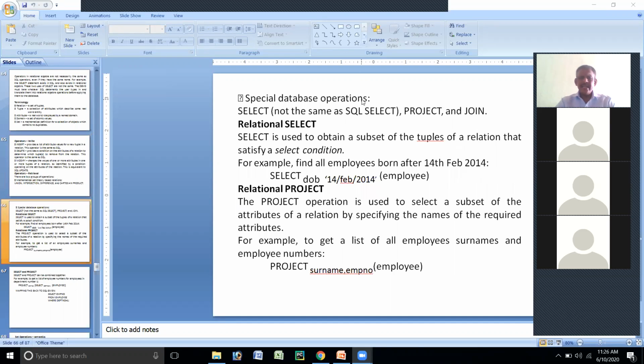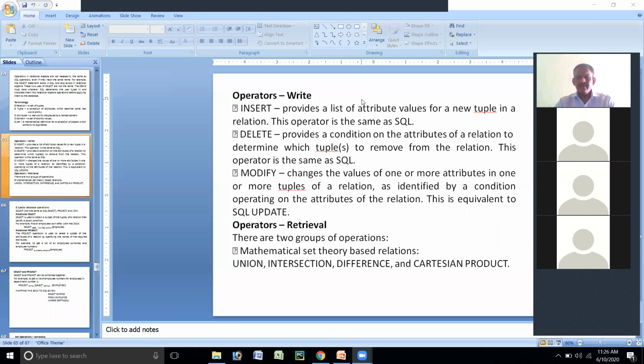And the second category is special database operations that contains select, project and join. In the retrieval operators, there are two groups of operations we have.